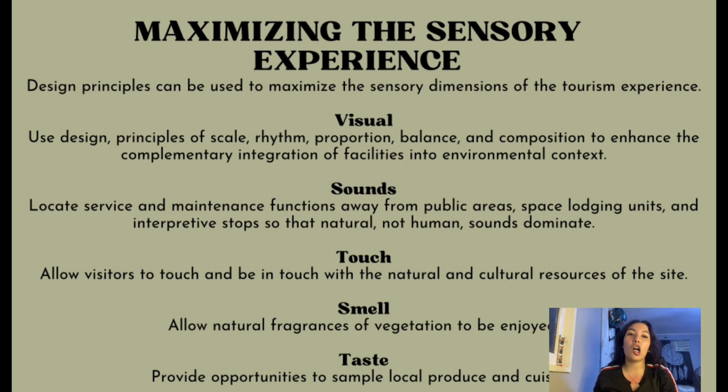For example, we align the colors, because some people are colorblind and the place is all about visual, so we must think about that. For sounds, locate service and maintenance functions away from public areas, space, lodging units, and interpretive stops so that natural, not human sounds dominate.